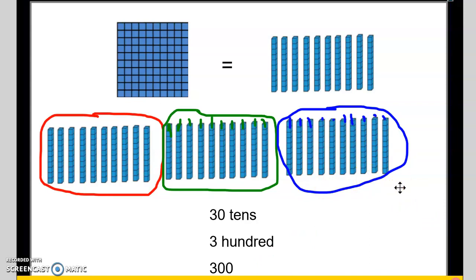So we circle groups of 10. Each group of 10 tens is 100. So in this modeling, remember how many groups of 10? We had 3 here, and a group of 10 of those 10 tens is 100.